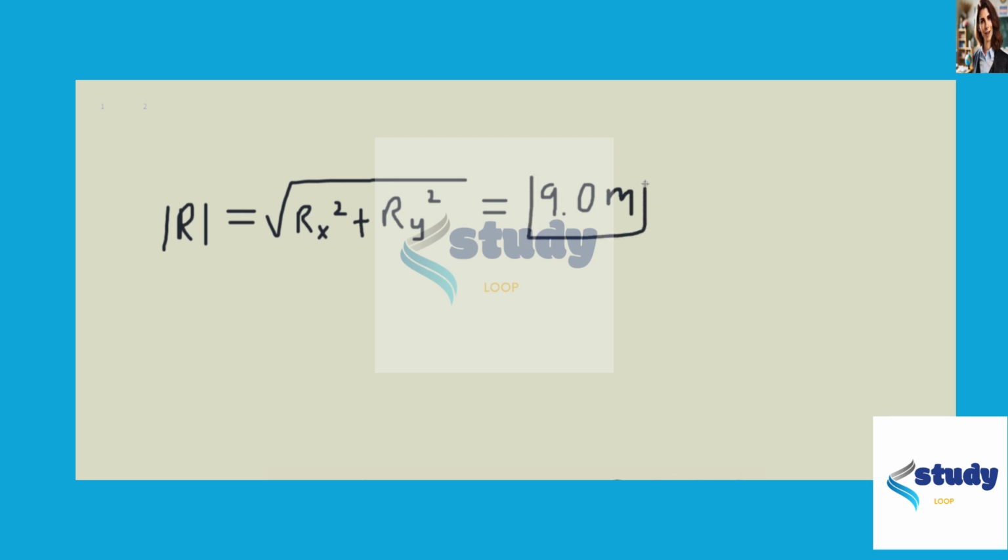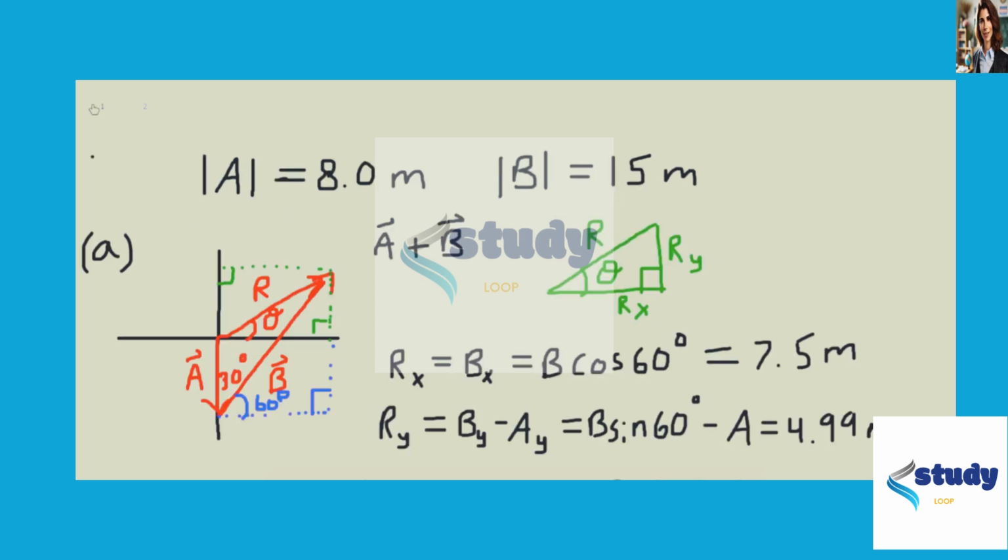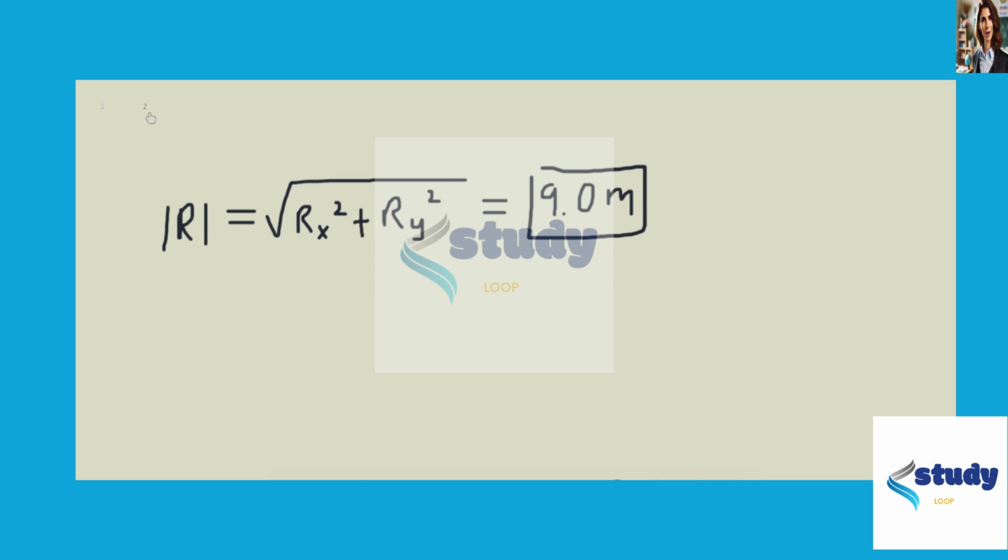Next, we needed to find that angle in the graph, the angle theta, right? Well, now that we know r of x and r of y, we can just use our trigonometric identities. So the angle theta is equal to the inverse tangent of the ratio r of y to r of x.